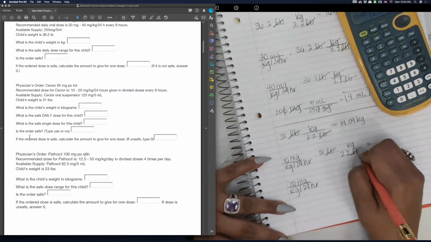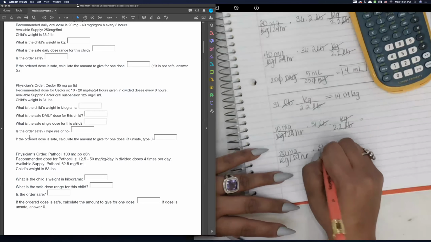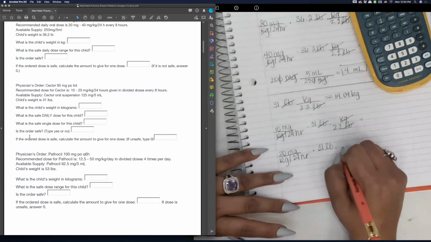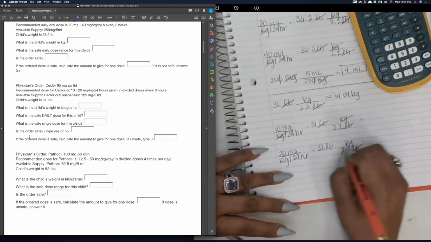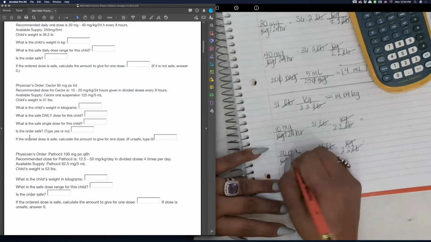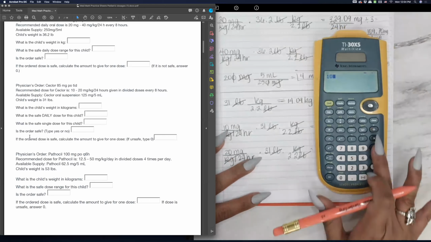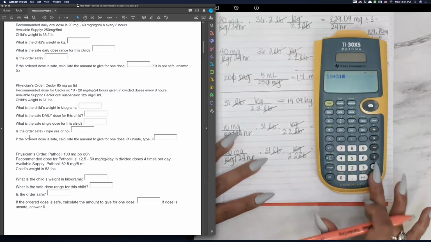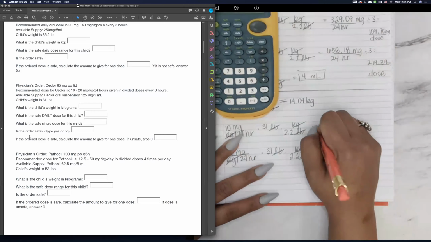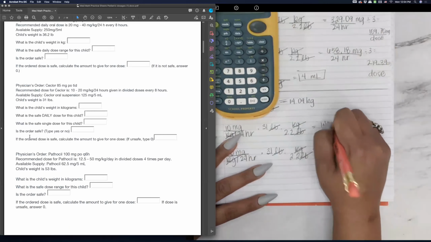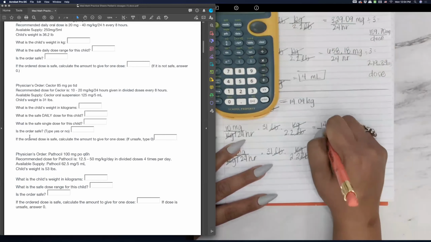Our pounds will cancel, our units of kilograms will cancel. Same setup, pounds cancel, kilograms cancel. Okay, so 10 times 31 divided by 2.2 gives us 140.91 milligrams in a 24-hour period.